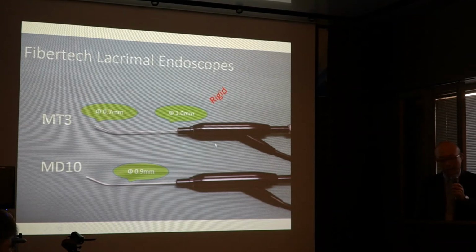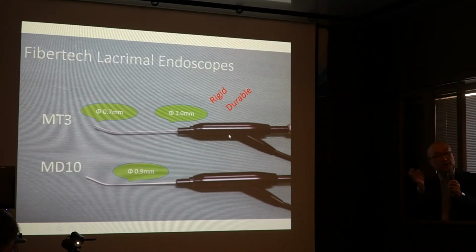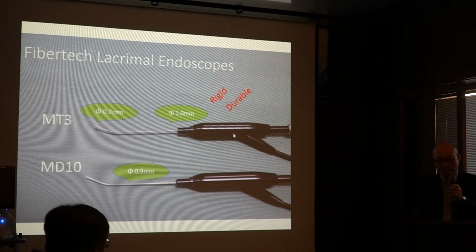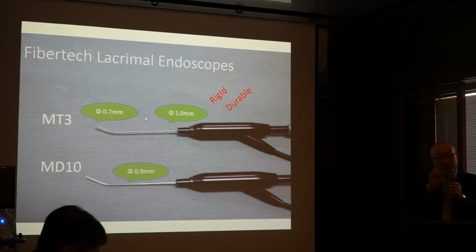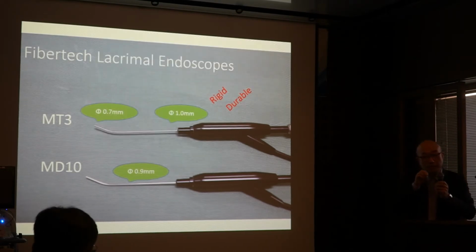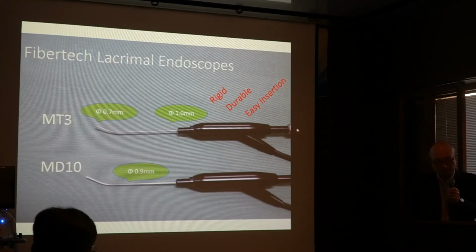So the lifespan is very long. And it is easy to insert to the lacrimal punctum because the tip is 0.7 millimeter. Sometimes we don't have to dilate the punctum. This is very useful in insertion to the punctum.